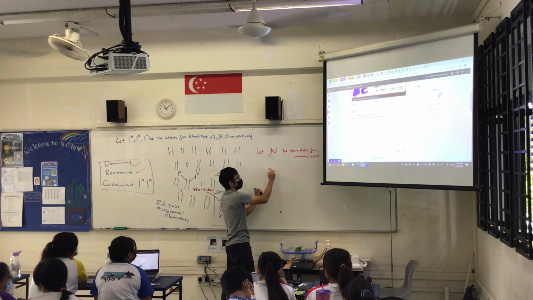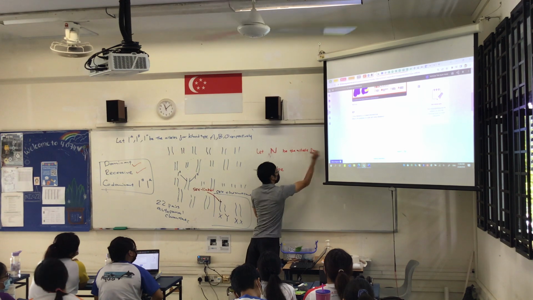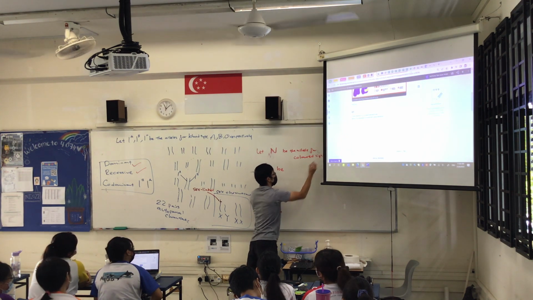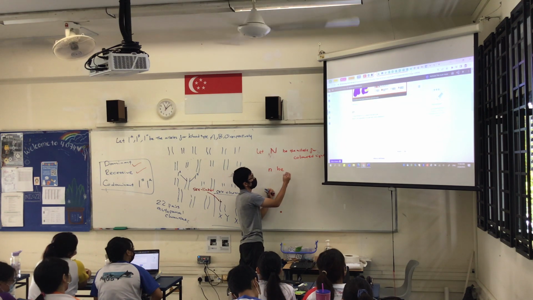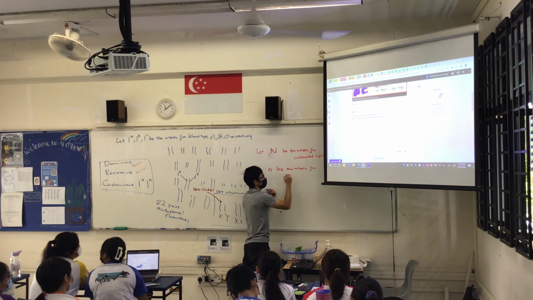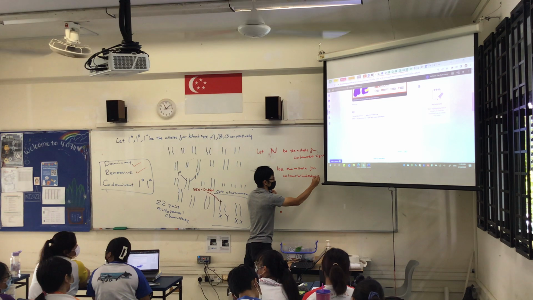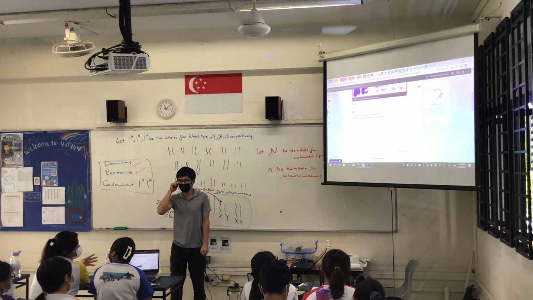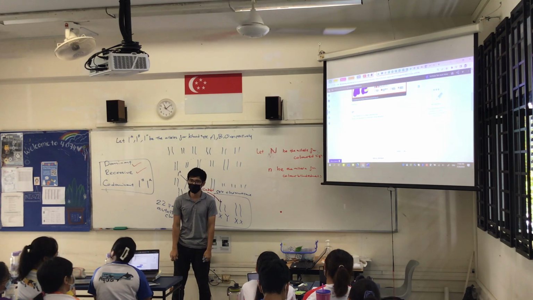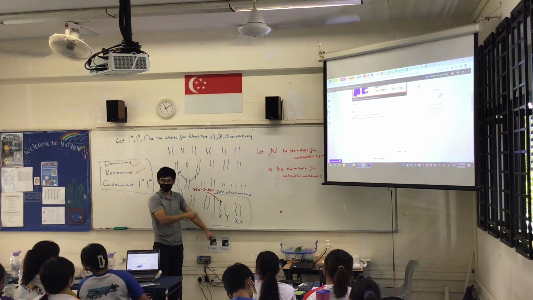Then let small n be the allele for color blindness. But guess what? It is found on the X chromosome, somewhere up here.